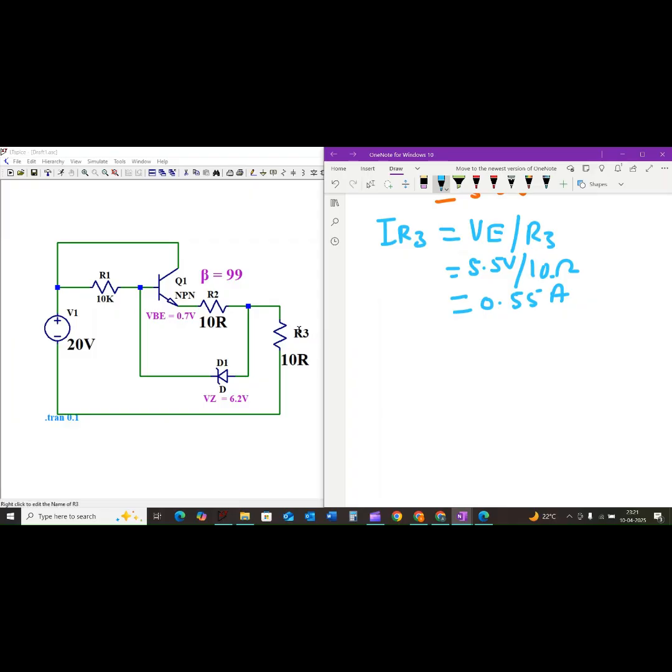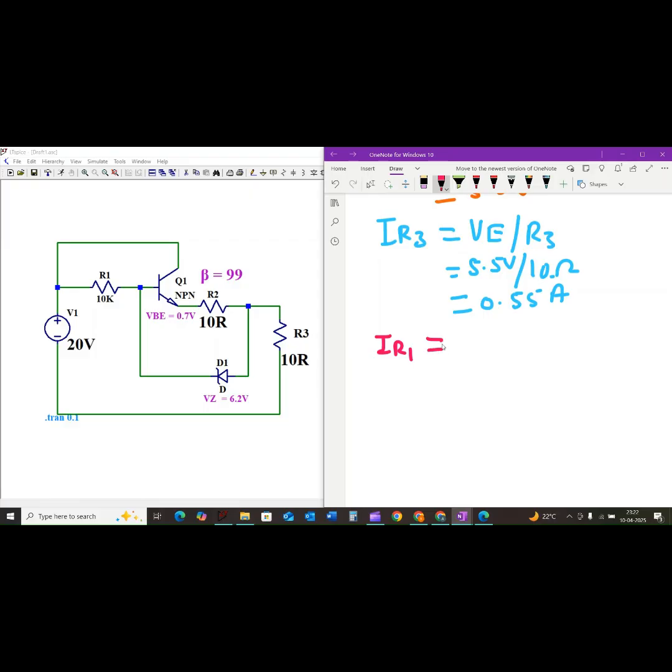But we need to verify our initial assumption about the Zener diode. To do that, let's look at the current around the base terminal of the transistor. The current flowing through the resistor R1, let us call it IR1, is given by the voltage difference across it and its resistance.